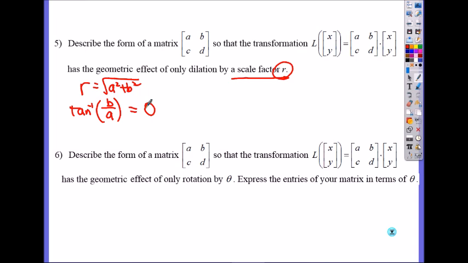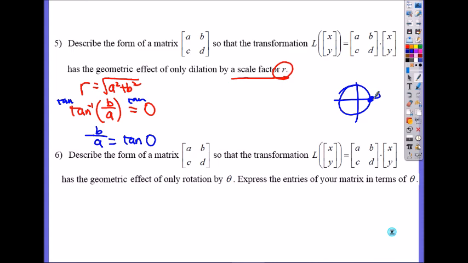So how would your matrix look? We have to solve for a and b. So let's look at this first. How do you undo inverse tangent? You can take tangent on both sides. So b over a equals tangent of 0. What's tangent of 0 on the unit circle? 0, right? y over x, 0 over 1.